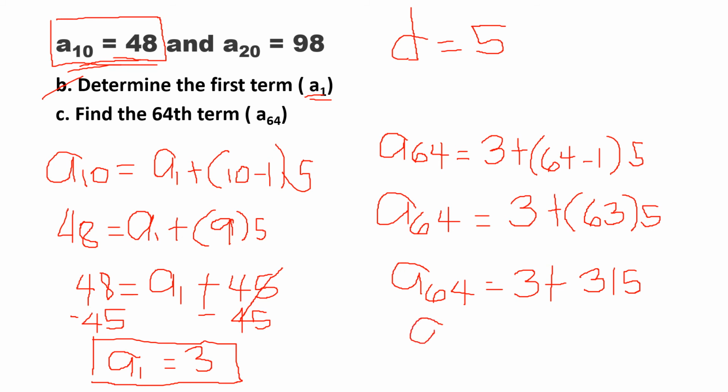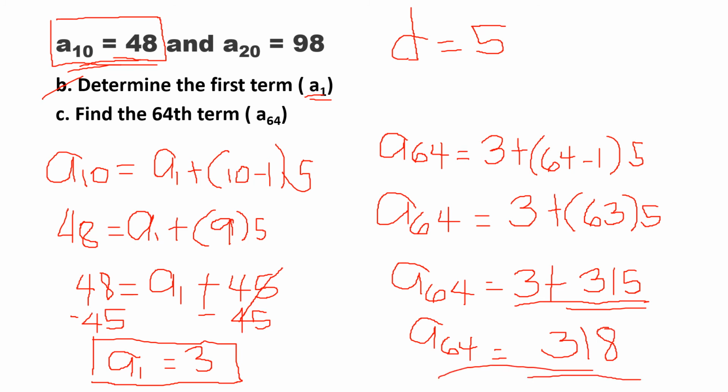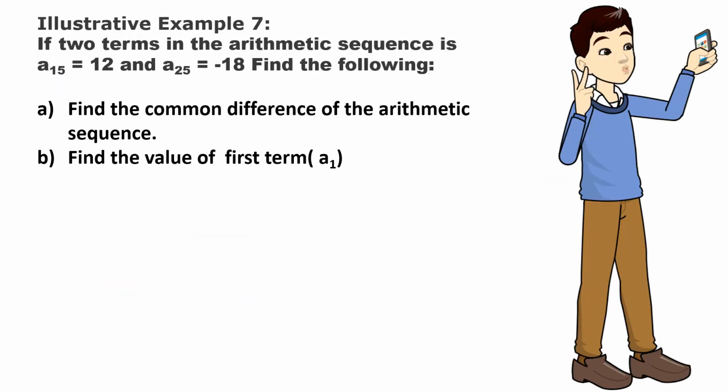So add lang natin siya. So final answer natin, the 64th term is equals to 3 plus 315, 318. Okay, math galing.